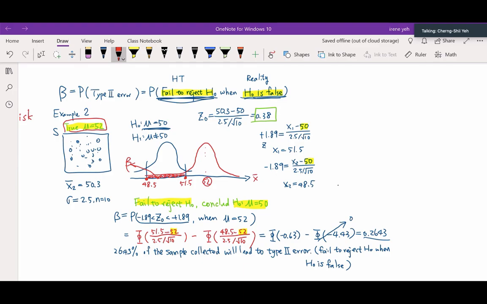What would happen if we're manufacturing something? What happens if we're making a product? We will end up, since we failed to detect it, we are going to pack it, ship it to our customer. And our customer will end up receiving a defective product. I'm sure you'll have experience with that, ordering something from Amazon, from Walmart, end up receiving a defective product.